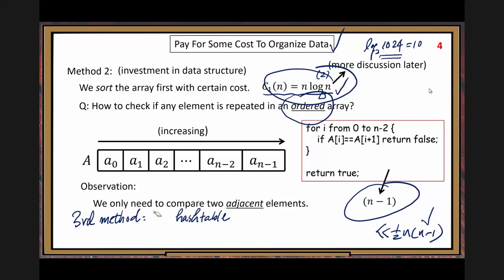The technique we are using here we call hashing. Hashing is typically used for fast search. So that's what we are doing here.